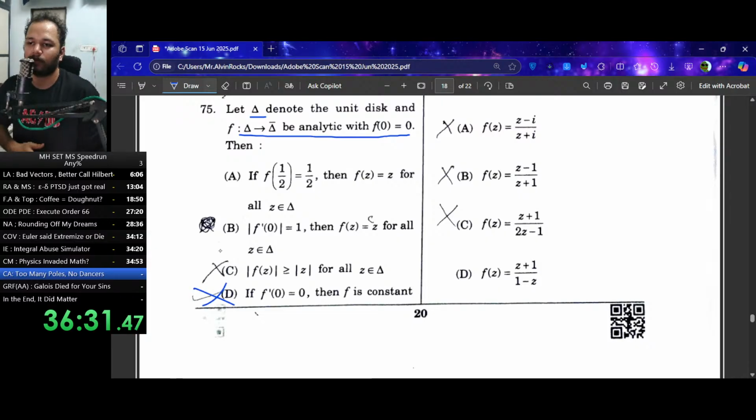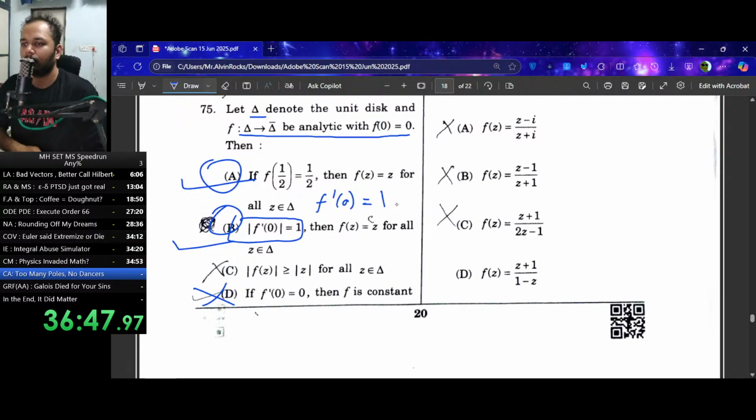Actually this is false. This should be correct or this should be correct. One of them is there. This could be more true because f dash is actually holding. Equality holds, na? Equality holds when it is a rotation mapping. That's why c z should have been given, but okay. Screwed up at this question.